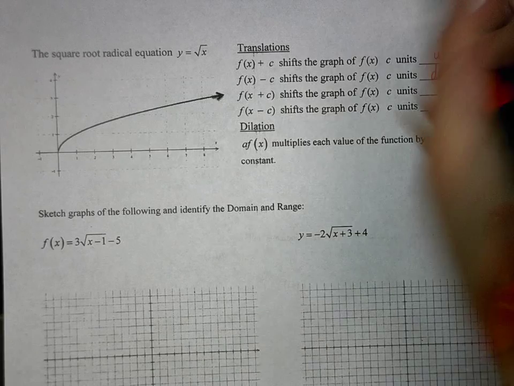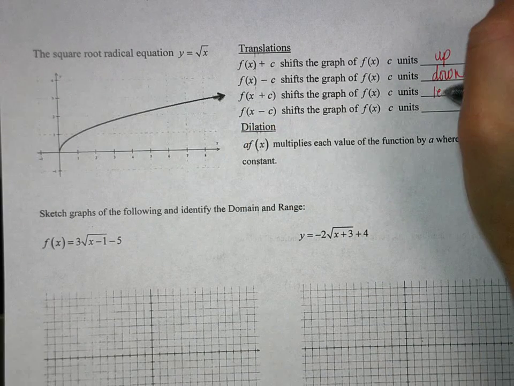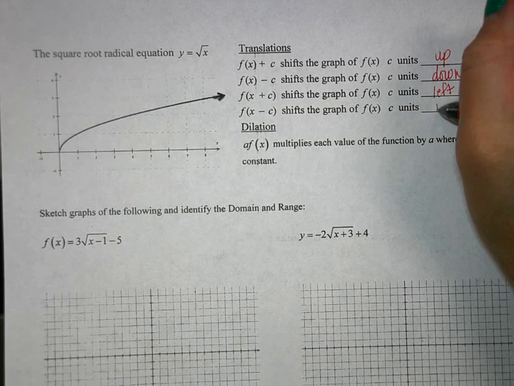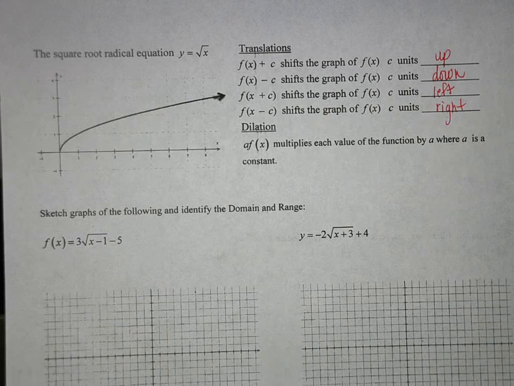And then when it's inside with the x like that, it's going to shift left, and then negative c inside would shift right. Okay, and then dilation of x multiplies each value of the function by a, where a is a constant value. Or again, like we talked about, you can just plug in values if you wanted to. Okay? All right, so let's go ahead and sketch these graphs, and then they want to know the domain and range.